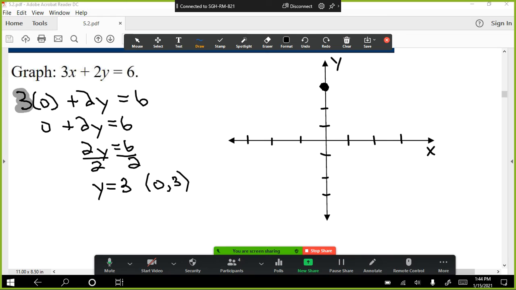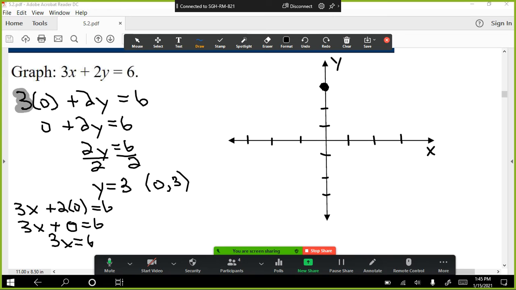To find the x-intercept, I'm going to plug in 0 for y. So I would have 3x plus 2 times 0 equals 6. Notice what happens. That becomes 3x plus 0 equals 6, which is basically just 3x equals 6. So when I'm wanting to find the x-intercept, I can basically just drop out the y term, because when I plug in 0, that's essentially what happens.